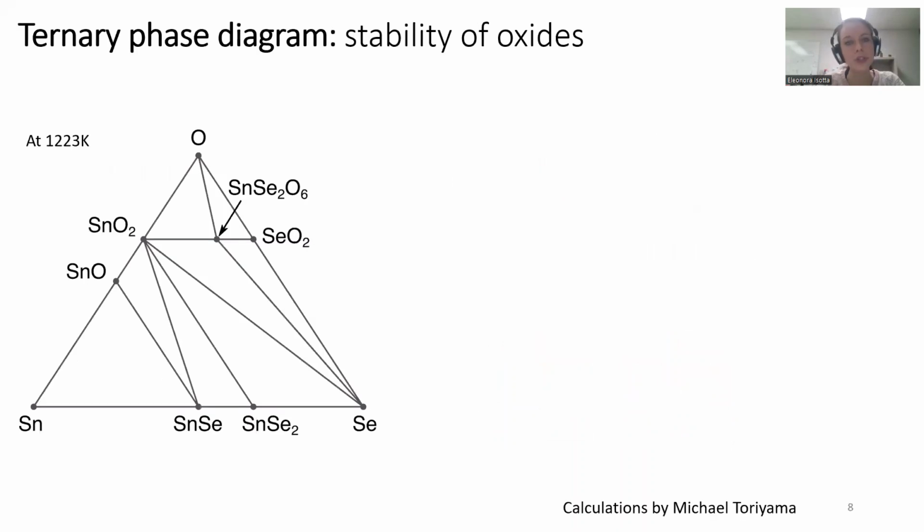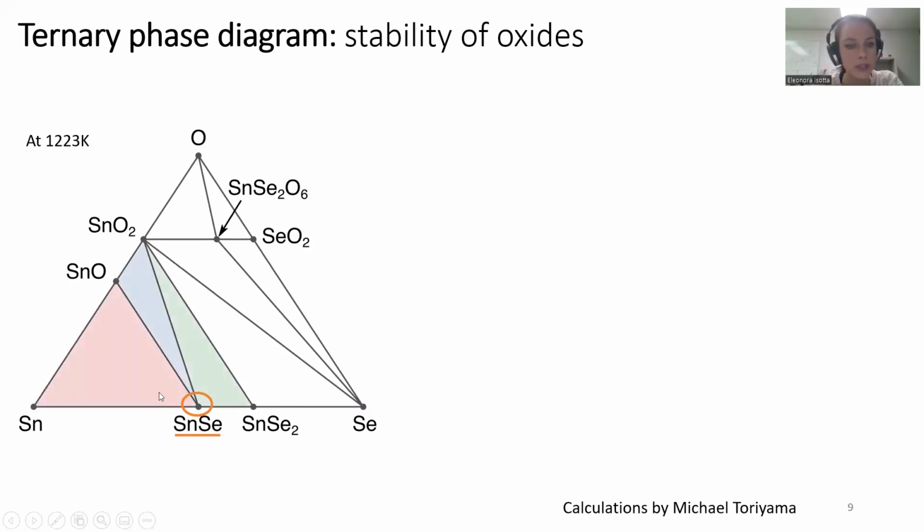So in order to tune the type of oxide, we turn to DFT, and this is the ternary phase diagram from DFT of tin, selenium, and oxygen. So we are interested in tin selenide. So around this region here, we can identify three main areas.